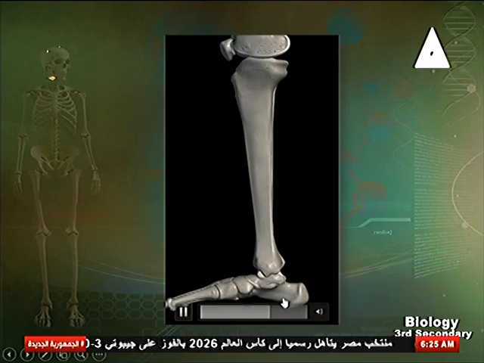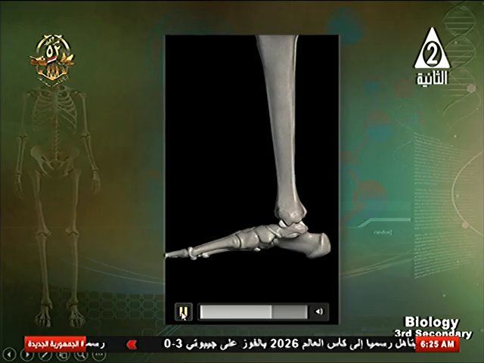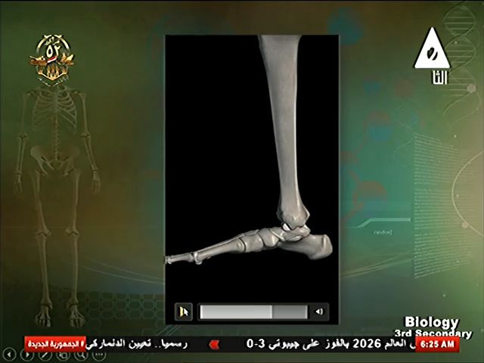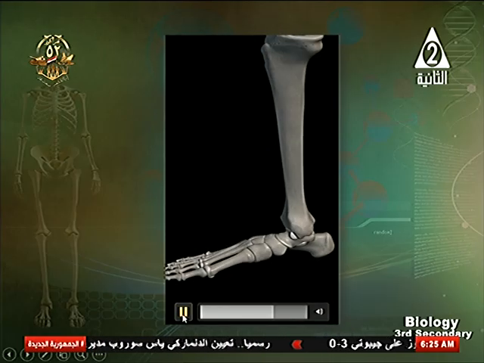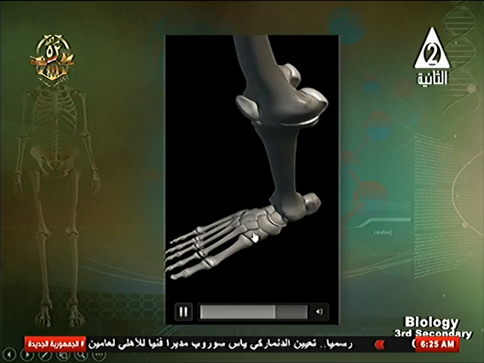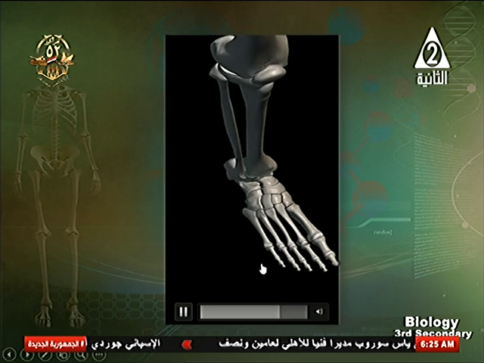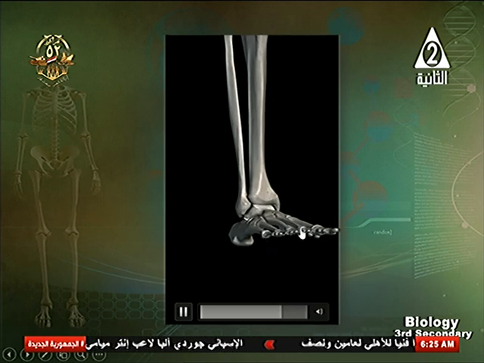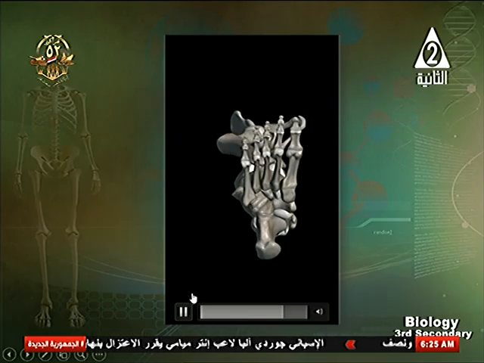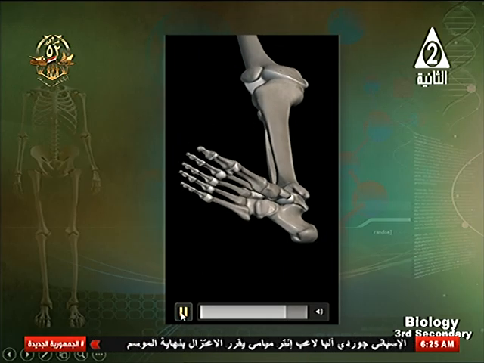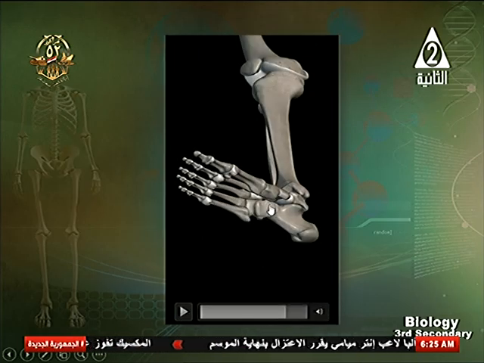These are the foot bones: medial view, superior view, anterior or ventral view. Look here at the foot bone.